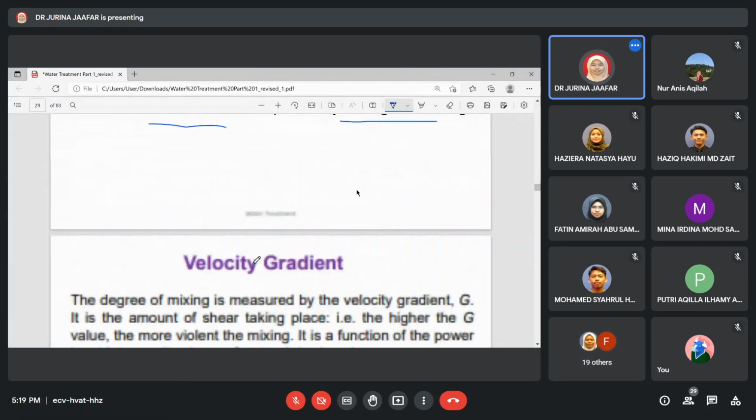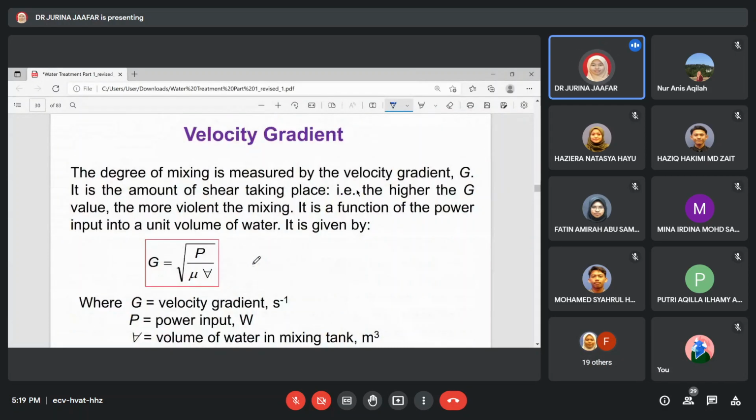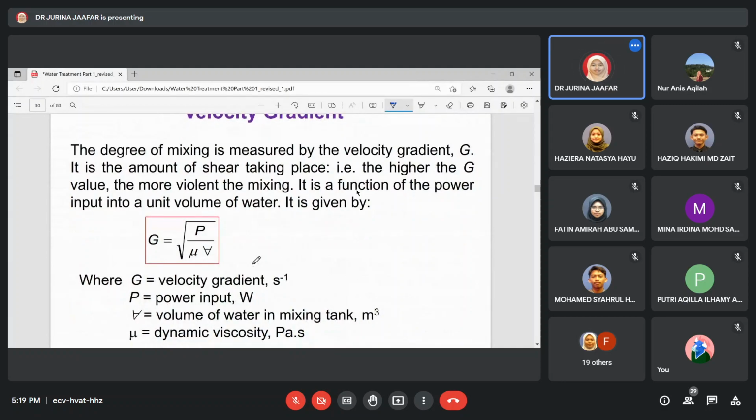Then of course bila kita nak menggunakan technique of mixing, we need to have the power of input. So the velocity gradient, the movement of the water, and also the stirring effect. So we use this formula G is equals to the square root of P divided by mu times volume.